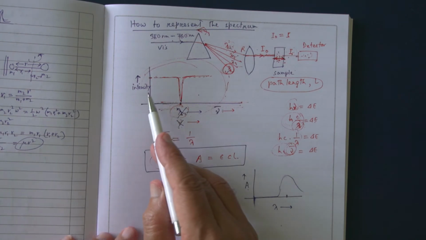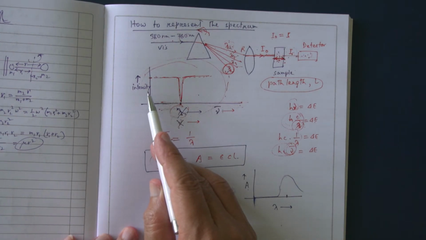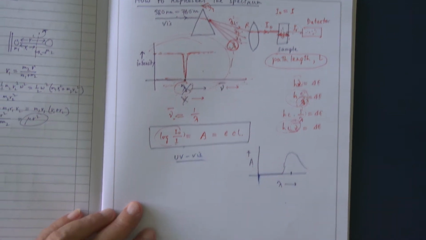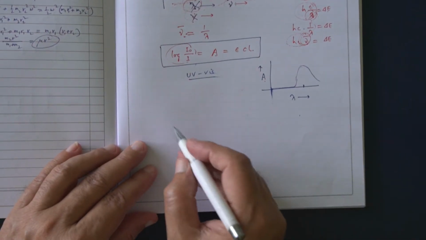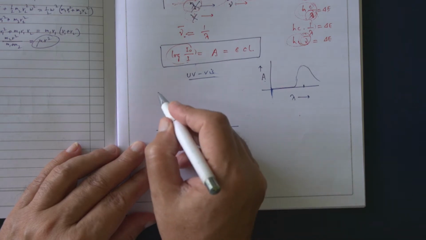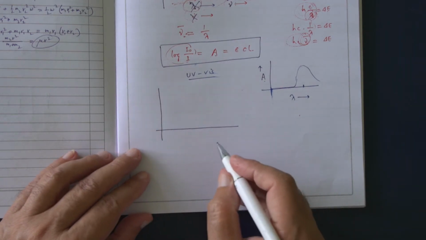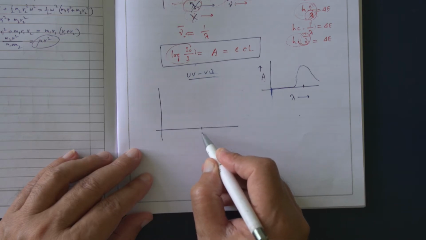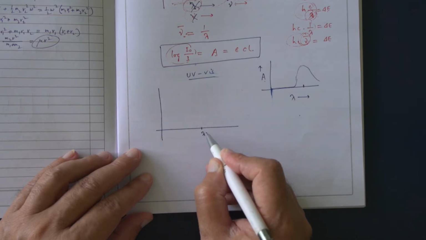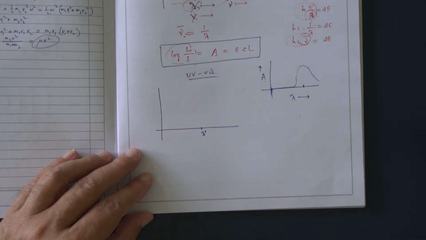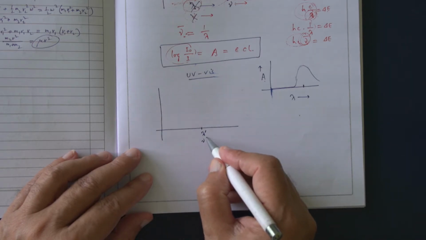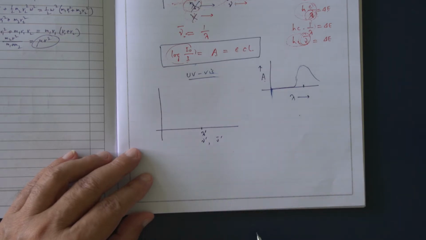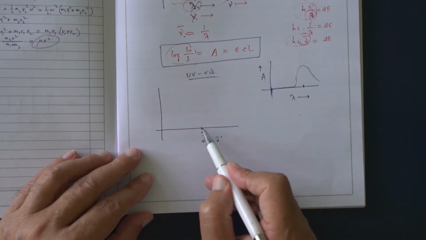If a molecule absorbs a particular wavelength, let me draw once again. Suppose we have a molecule and it absorbs a particular wavelength, say lambda dash, or in terms of frequency nu dash, or in terms of wave number nu bar dash.